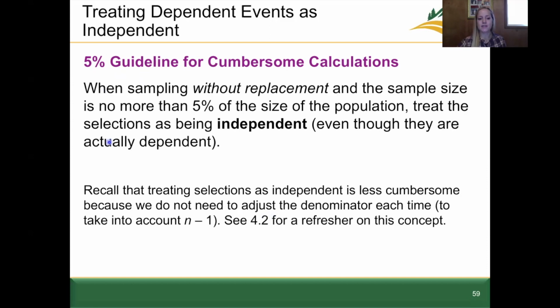Coming back here for this application of binomial probability distributions, because the requirement is that our trials are independent, if the sample size is no more than 5% of the size of the population, and we originally read that it's without replacement, those trials are dependent on one another, we might think, oh, I can't use a binomial probability distribution here. Well, actually, we can. We can treat them as independent if this guideline is satisfied.